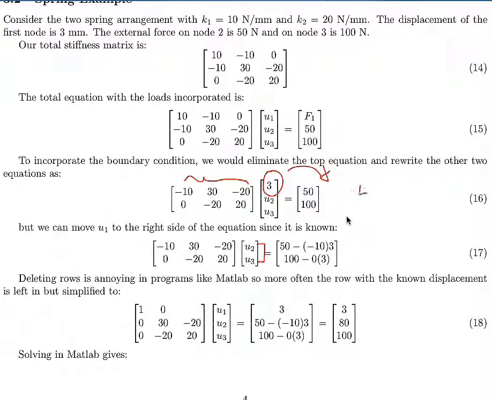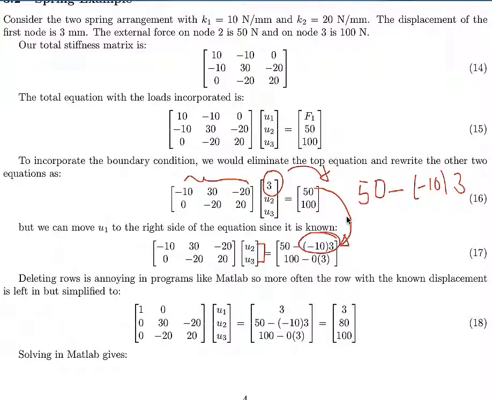So on the other side would be 50, the original number, minus the result of 3 times minus 10, so it will be minus 10 times 3. And that will modify the force components here by the known boundary condition for displacement.